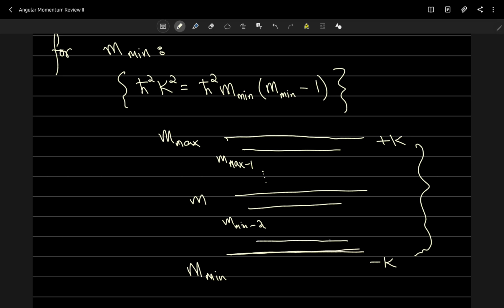You would have m minimum minus 1, then m minimum minus 2, and it would keep going until you have some m, and then you could have m plus 1, m plus 2, until you reach m maximum, right?